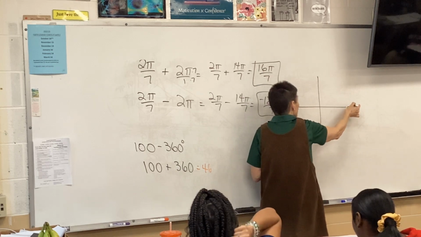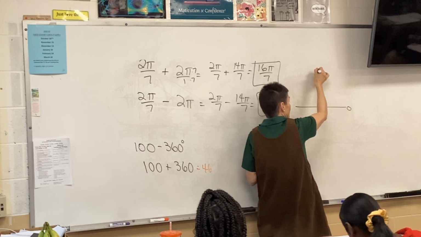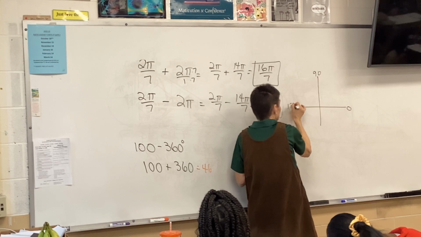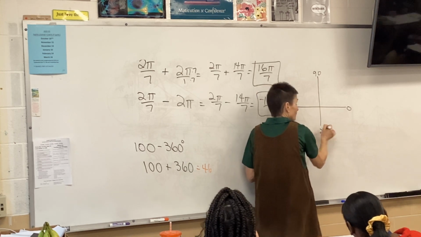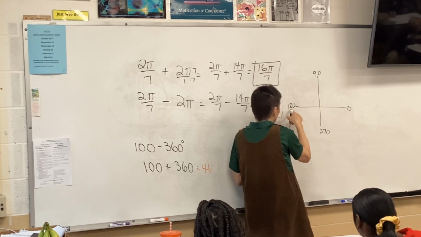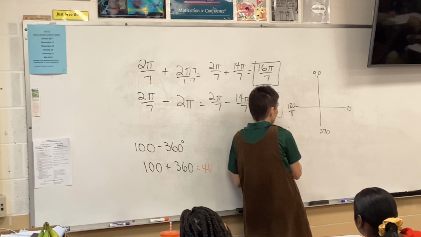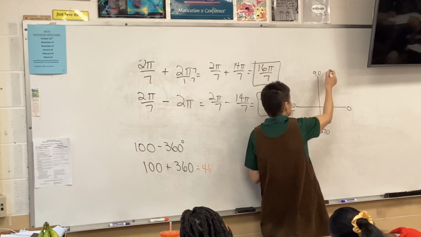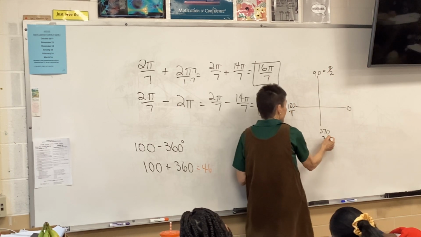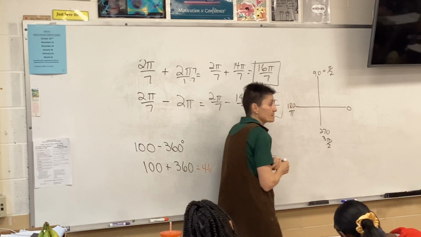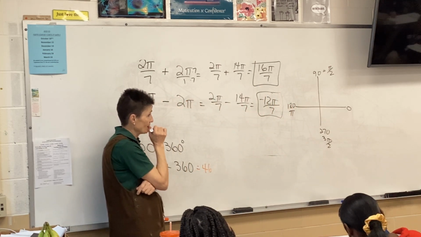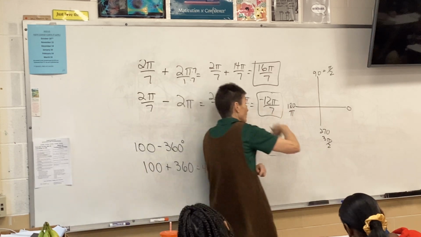So if this is 0, what's this? 90. 180. Right? Now, in radians, 180 is pi. So 90 is half a pi. And 270 is 1.5 pies. And of course, all the way around is 2 pi.